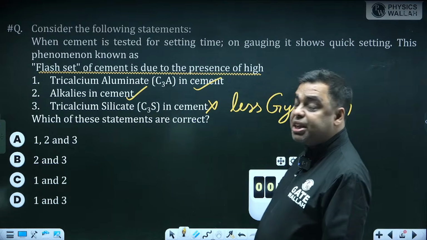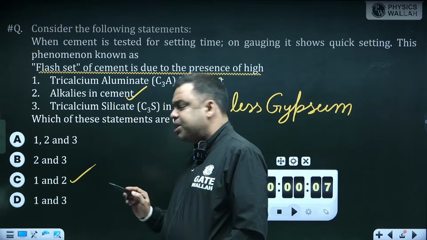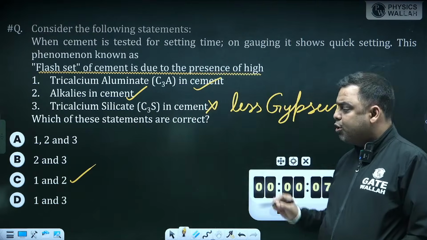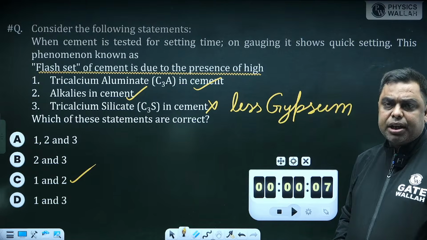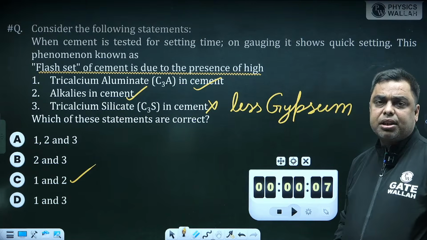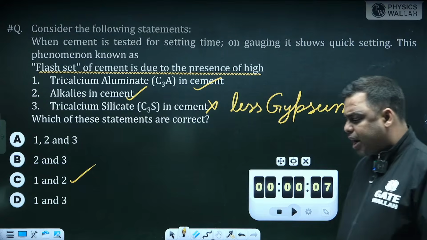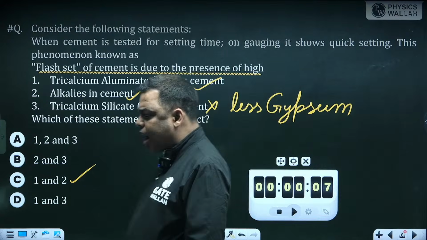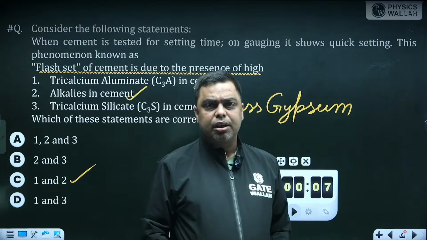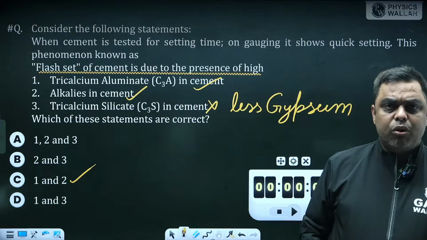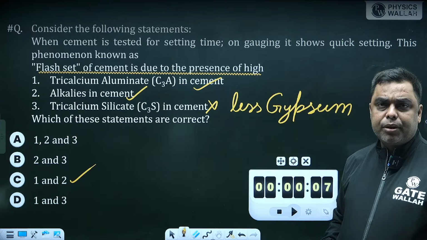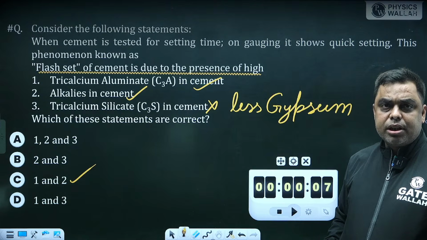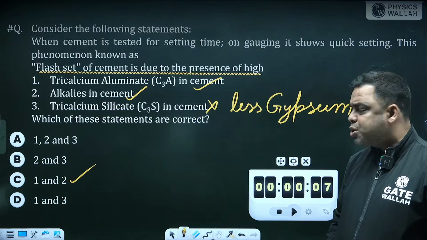The answer would be C. Many of you got this answer wrong. May I know the reason why? Yesterday I stressed on this. Yesterday when I was taking the Maha revision, I stressed on this. These are the three reasons of flash setting. C3S is not responsible for flash setting.